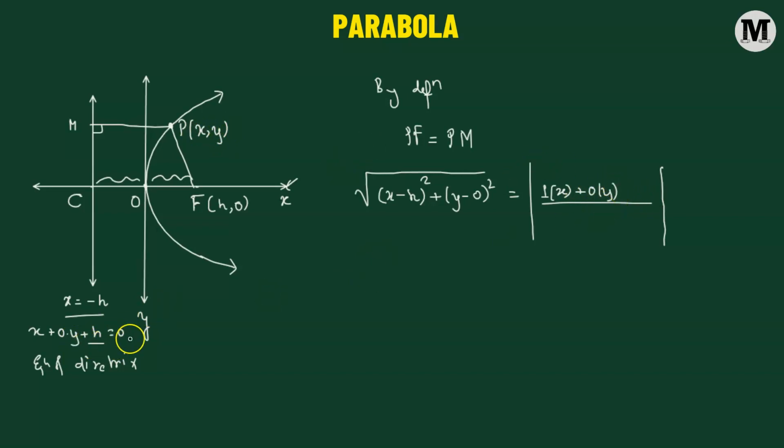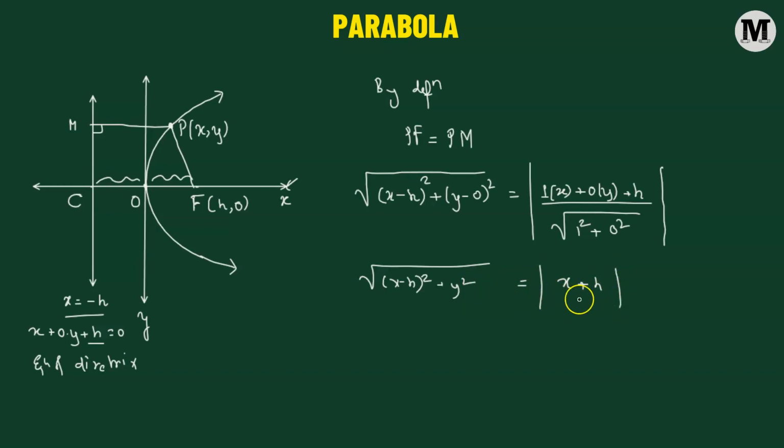And then we add it to the constant term h of the directrix, so that's simply h. Divided by the square root, so we'll take the coefficient of x, that's 1, square this value, and add it to the square of the coefficient of y, so that's simply 0 squared. This is going to give us square root of x minus h whole squared plus y squared equals the absolute value of x plus h divided by 1, that's going to be simply x plus h.